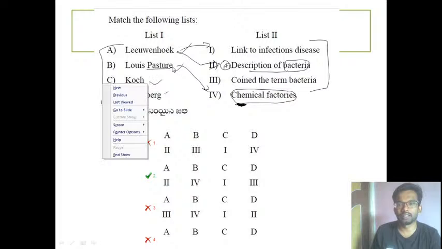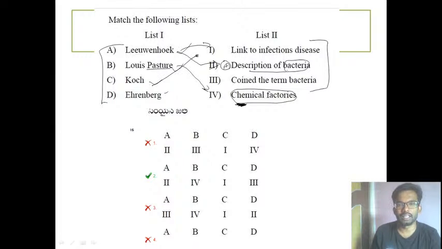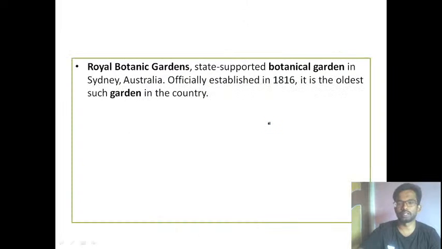Koch linked infectious disease, he created a linkage with infectious disease. And this is B. And what is the last one? Ehrenberg. He coined the term bacteria. So Ehrenberg has given the term bacteria. That's all. These are memory based.